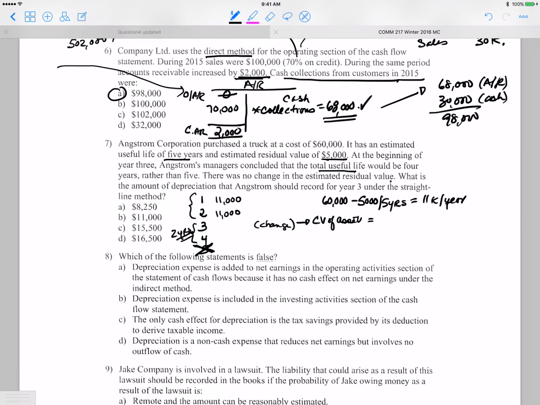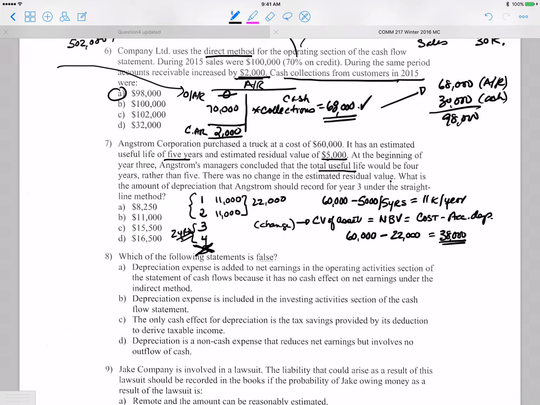It's also known as the net book value, and it's computed as cost minus the accumulated depreciation. So in our case, we had $60,000, the original cost. We have $22,000 of accumulated depreciation on this asset so far. So our new carrying value is $38,000. This is my new carrying value.